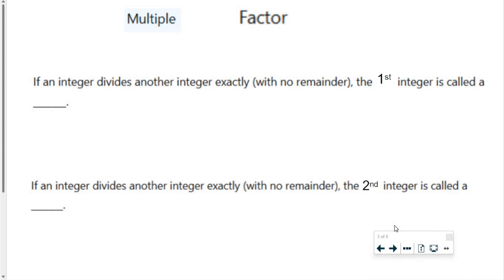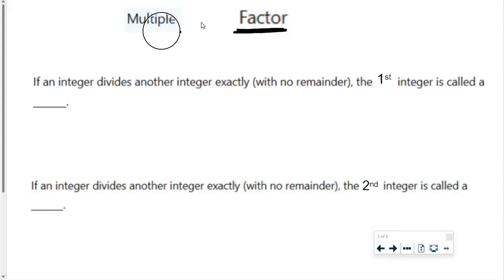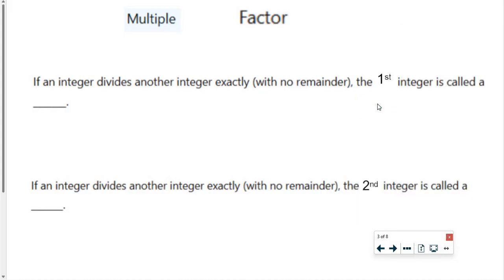There are two main concepts which confuse lots of people: multiple and a factor. I repeat, multiple and factor. What do we mean by saying a multiple of a number or a factor of a number?